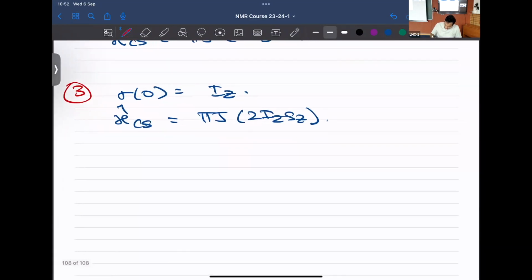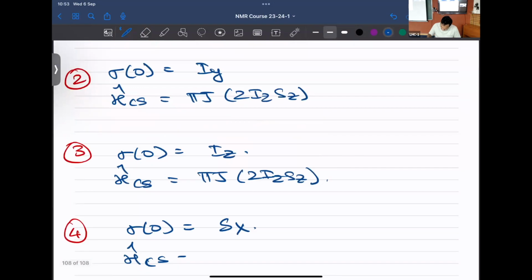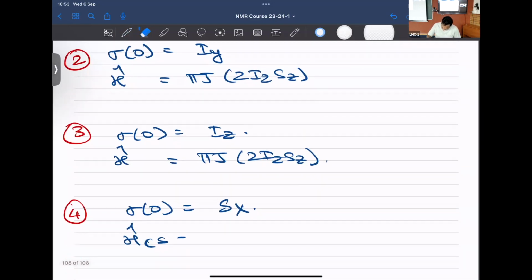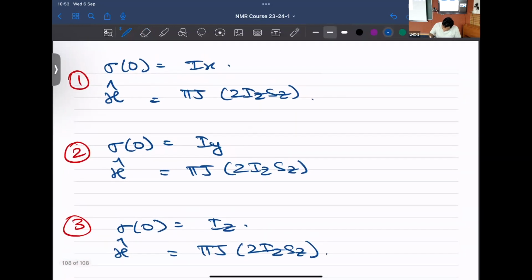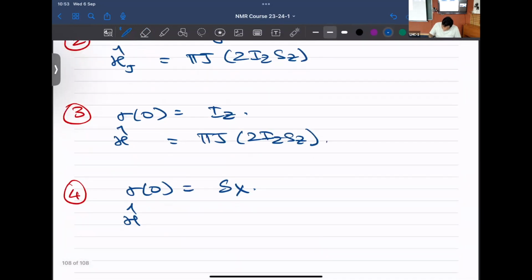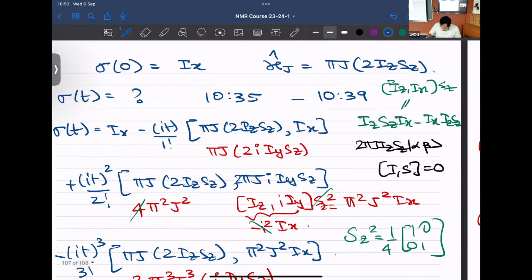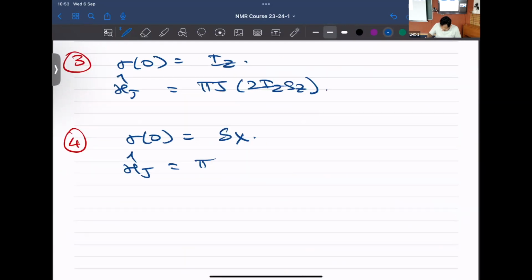And similarly, you can try to show a few more things where, let's say, sigma of 0 is Sx and the Hamiltonian chemical, sorry, why did I write Cs everywhere? Should be J. Pi J 2 Iz Sz.